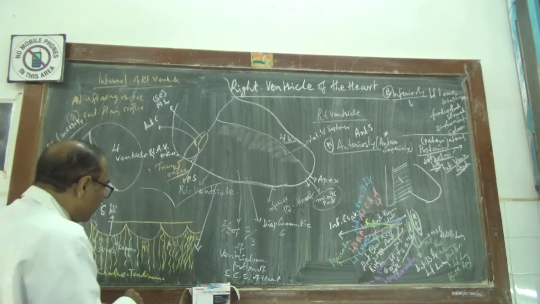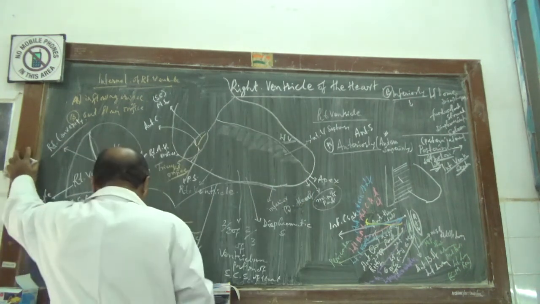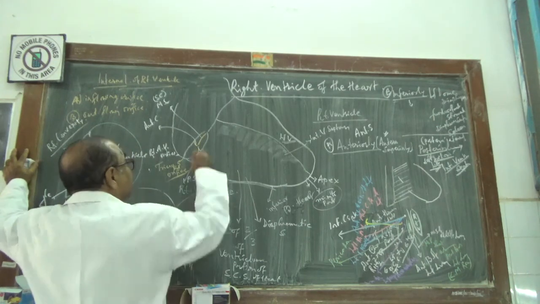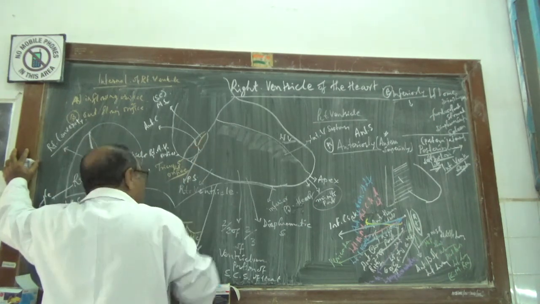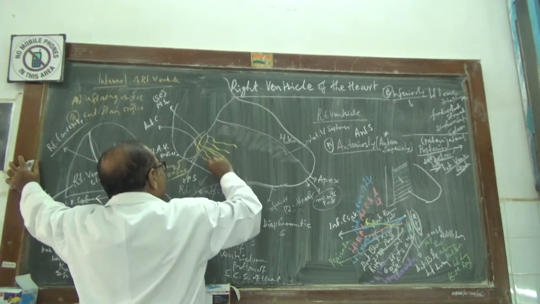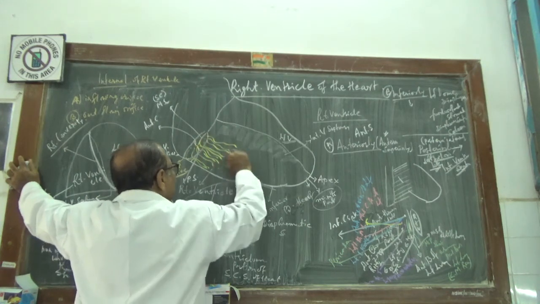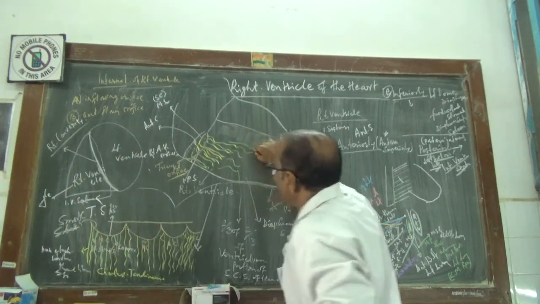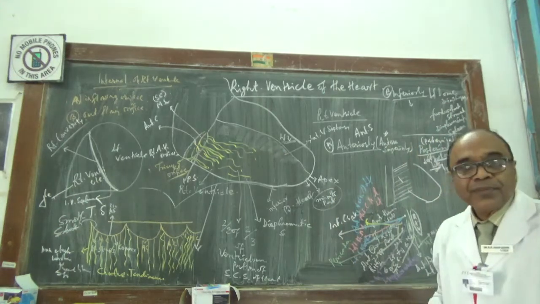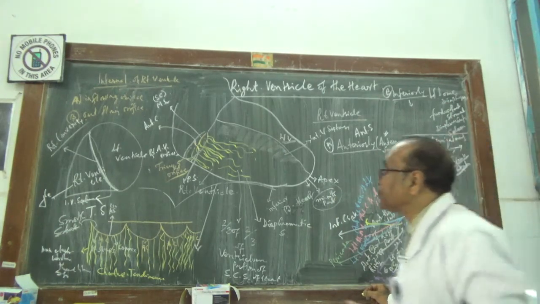Now these chordae tendineae are more numerous in the right ventricle, because there are more cusps, 3 cusps are there.